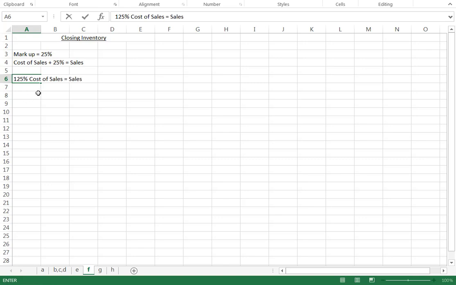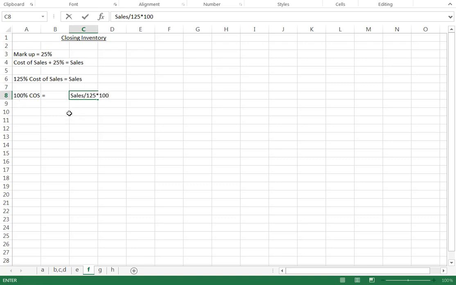So what do I want to do then? I want to divide, because I'm looking for 100% of cost of sales. So cost of sales would be equal to sales divided by 125 multiplied by 100.